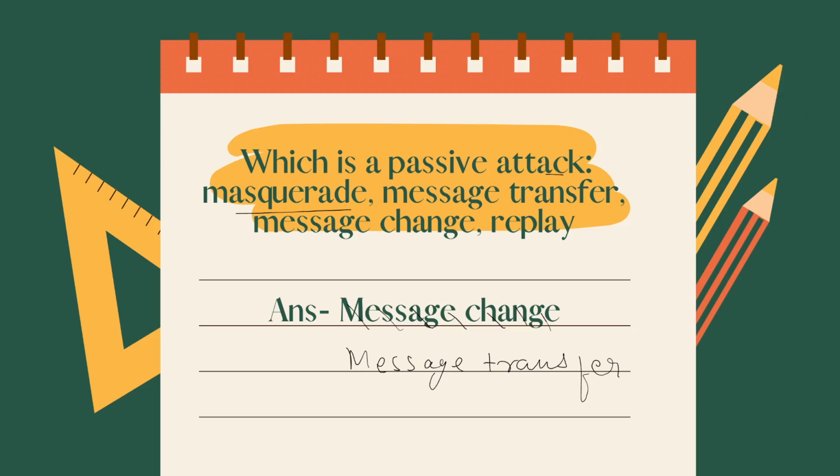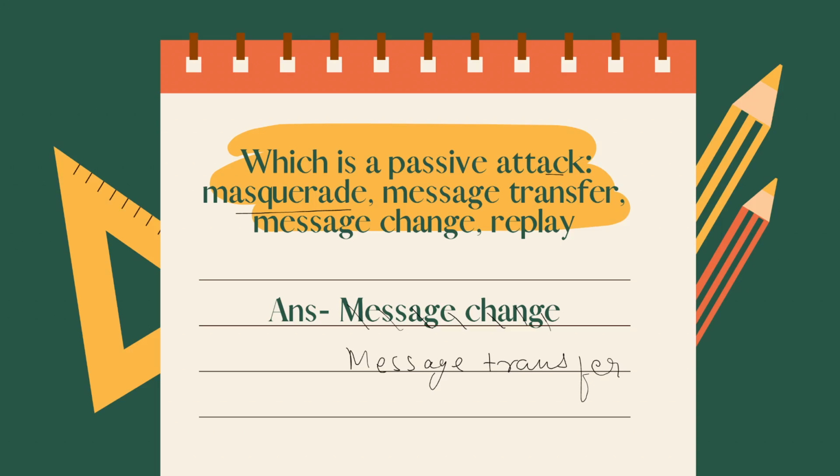Let's say someone stole my password. They are acting on my behalf, so they are going to make some changes on my behalf as well. So masquerade is an active attack, so it cannot be the right answer.